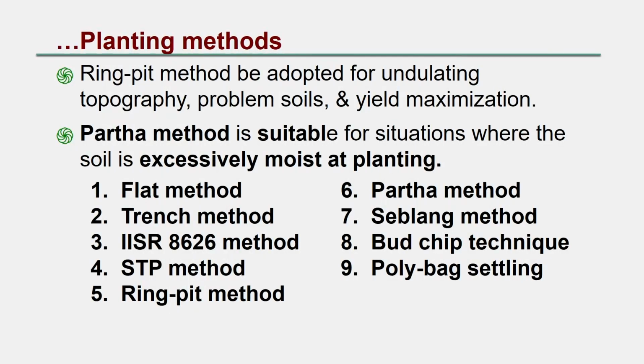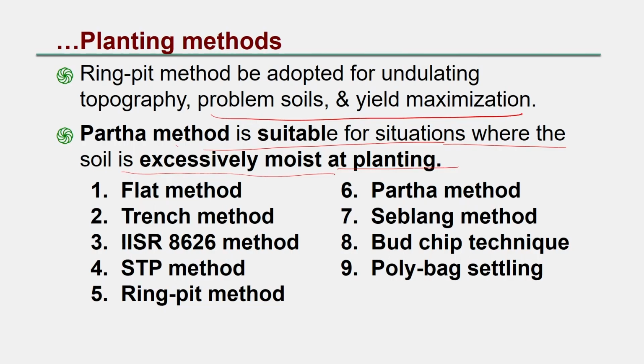Ring pit method can be adopted for undulating topography, problem soils and yield maximization. Partha method is suitable for situations where the soil is excessively moist at planting or there may be little waterlogging condition. Under those situations, Partha method may be useful.